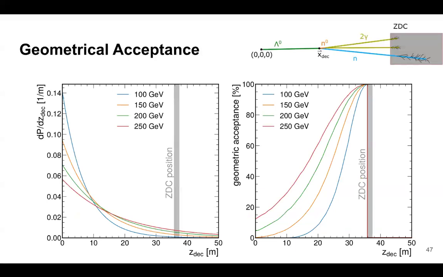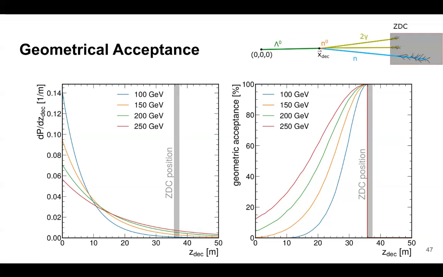This is the geometrical acceptance for this decay. On the left-hand side, you see the expected decay length in terms of meters away from the interaction point. This depends on energy. When you have 100 GeV, it's a steeper curve than when you have 200 GeV, simply because of the boost. Okay? So the higher the energy, the more complicated the measurement is, because the decay is further away from the beam pipe. But for the ZDC case, that's the opposite.